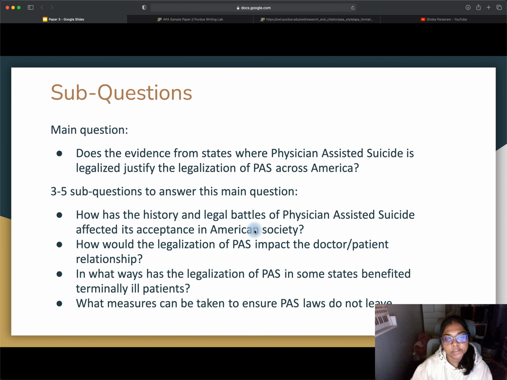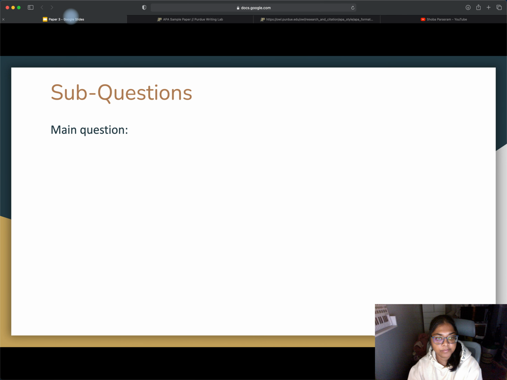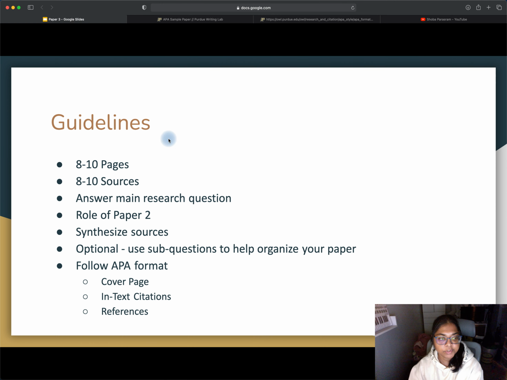And then you would go on and develop the rest of the sub questions and answer those sub questions. So that's kind of the function of paper 2 in paper 3, how it can be incorporated into paper 3. But as I mentioned, if you chose to do a different topic, that was totally fine.